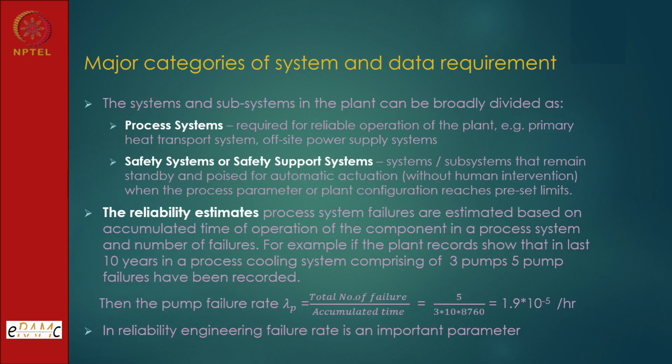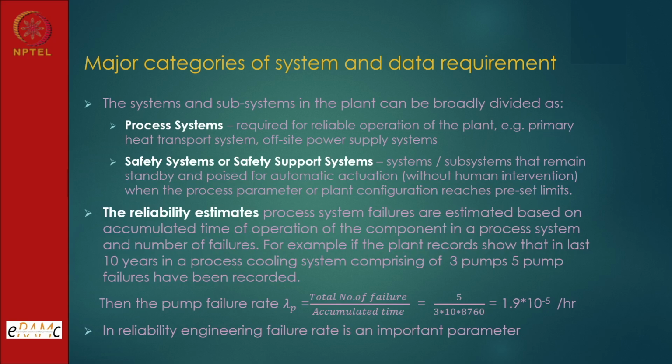The reliability estimates come from the plant based on the performance record. Let me give you some very simplistic and primitive aspects about failure data, because failure data are the building block of any probabilistic study. Let us say I want to understand my pump performance in terms of a reliability estimate.